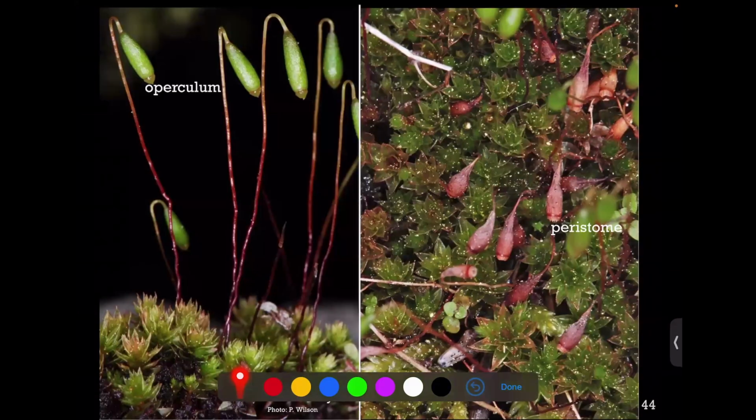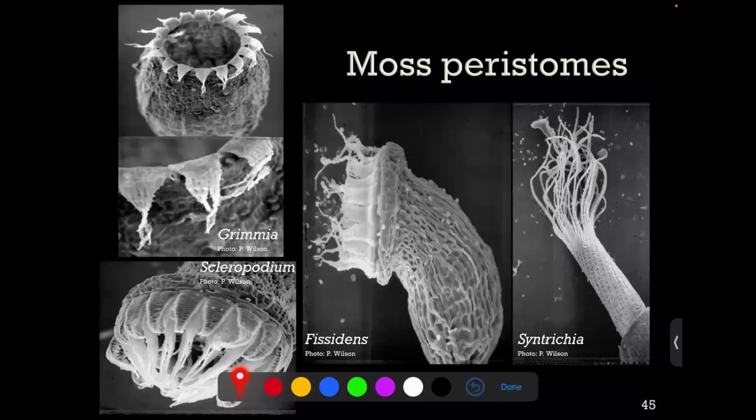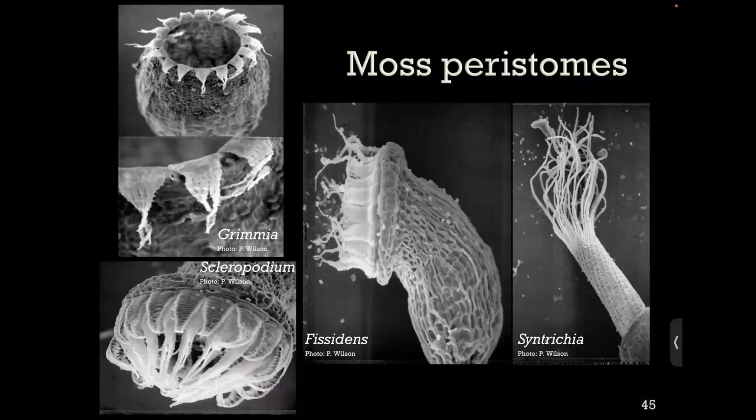All right. And then if we got rid of the calyptra, then underneath the calyptra, you can see an operculum. That's the lid. And then underneath the operculum, after it pops off, you can see a peristome. Peristome is like perimeter of the mouth, around the perimeter of the mouth. There's teeth, and these teeth open and close, dispersing the spores. Here's a bunch of pictures of peristomes. They're very different in different groups.